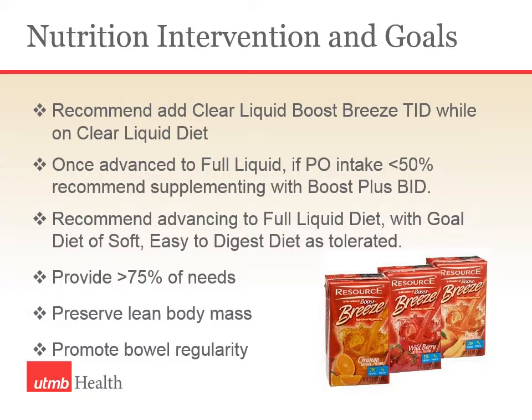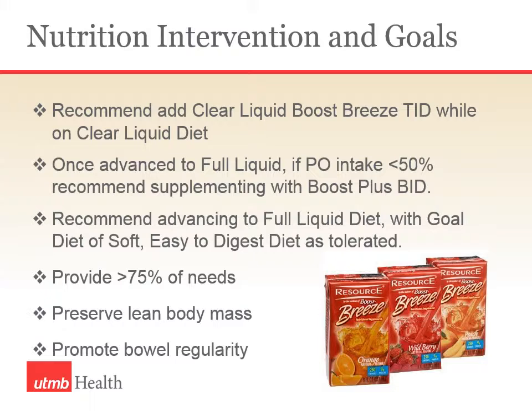Once advanced to a full liquid diet, if the PO intake is less than 50%, I recommended supplementing with Boost Plus BID. This is more of a milky-based substance that would hopefully provide more leucine and more protein for muscle function.